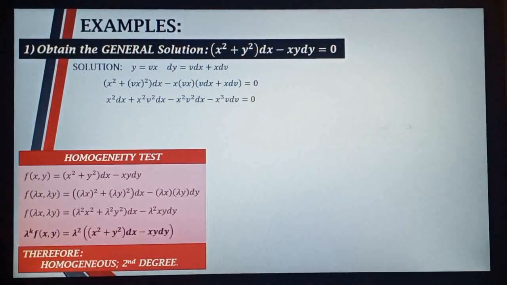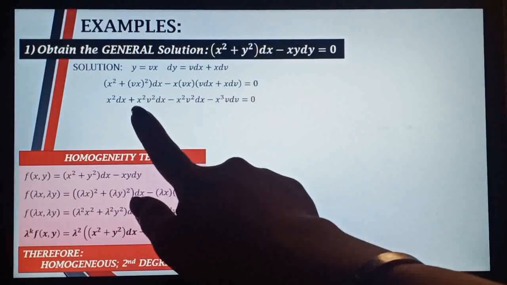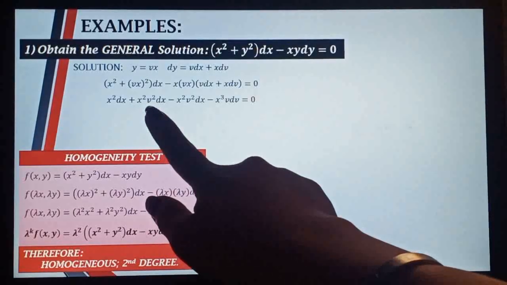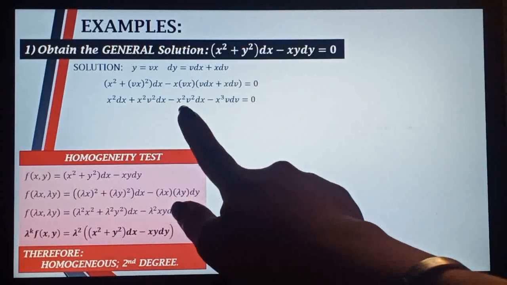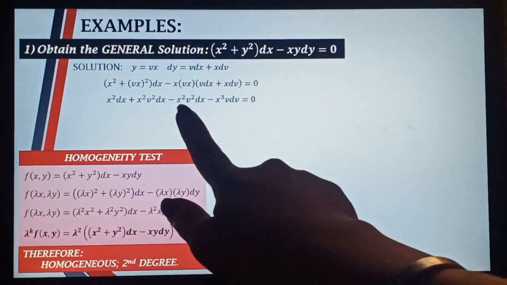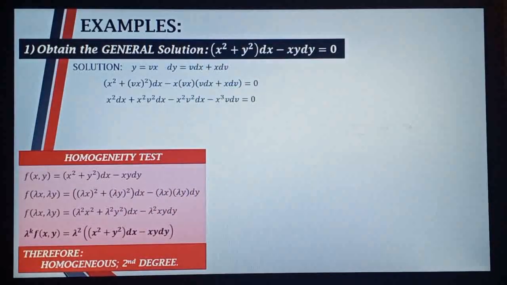So, simplify ulit natin. Pagsasama-samahin natin yung magkakamukhang terms. In this case, you have the positive x squared v squared dx and the minus x squared v squared dx. So, makakancel out yung terms na yun. Ang matitira na lang is x squared dx minus x cubed v dv equals 0.